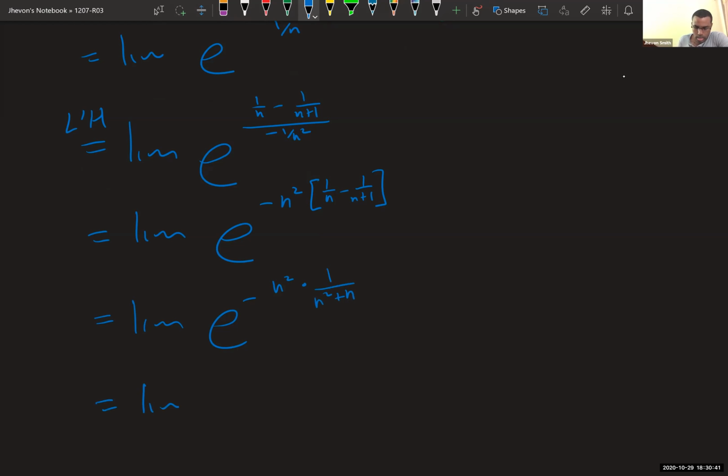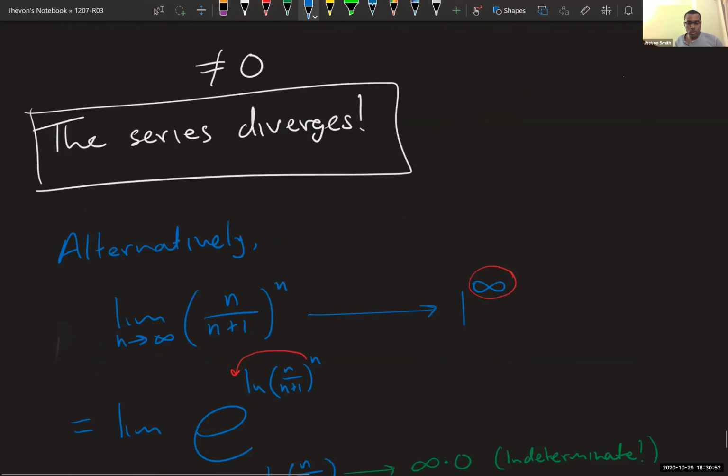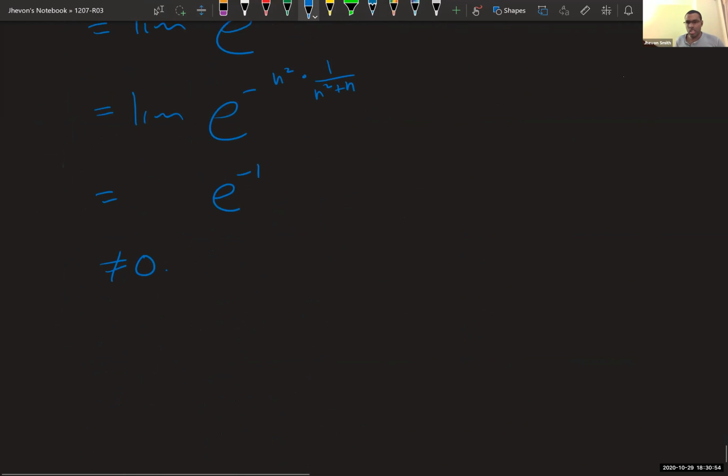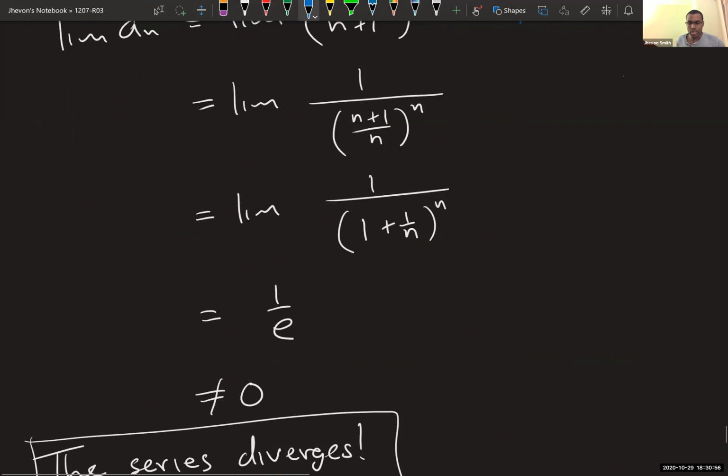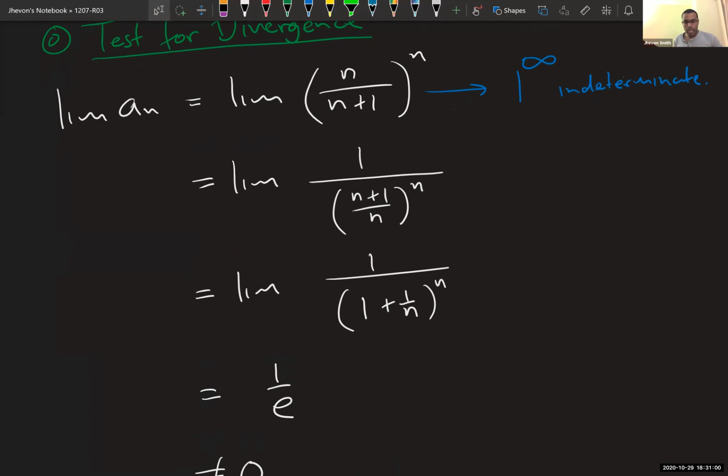All right, so that gives us e to the minus 1 after taking the limit. So again, that's non-zero, right? So L'Hopital's rule is a way you could get around it, but it would take much longer if you didn't see the definition of e. That's much shorter if you saw that. Much nicer, much more elegant.